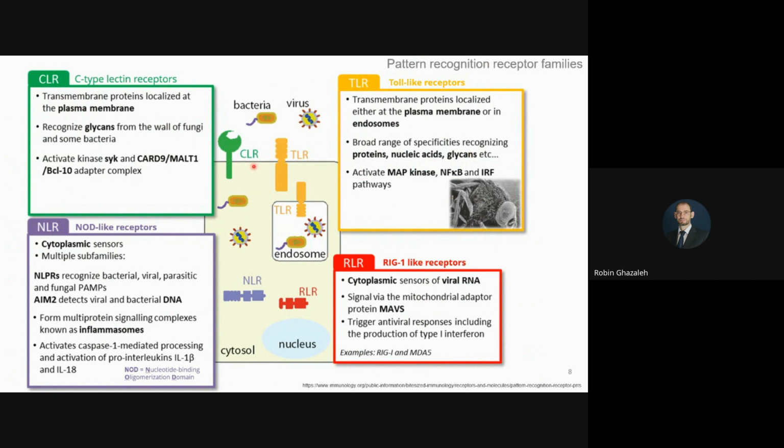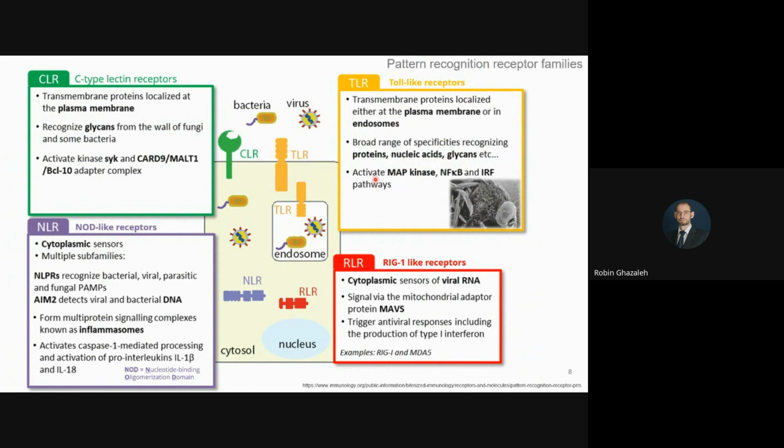And the odd thing is that this family of molecules has quite a conserved structure. We won't really look at that structure much, but it's an unusual structure, and it's highly conserved, and yet can recognize so many different things. And of course, it recognizes those things, but doesn't recognize host cells.